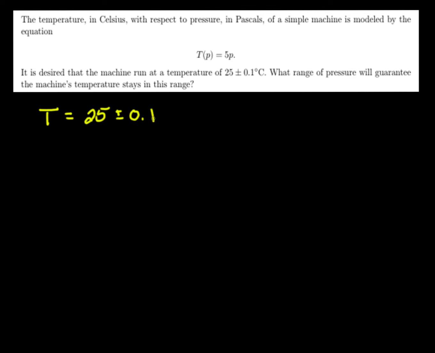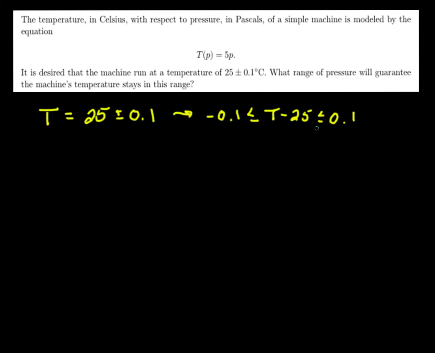What this is really telling me is, if I subtract this, that negative 0.1 is less than or equal to T minus 25, and that's going to be less than or equal to 0.1, because the temperature is equal to 25 plus 0.1 or minus 0.1, right? So it's somewhere between 24.9 and 25.1.